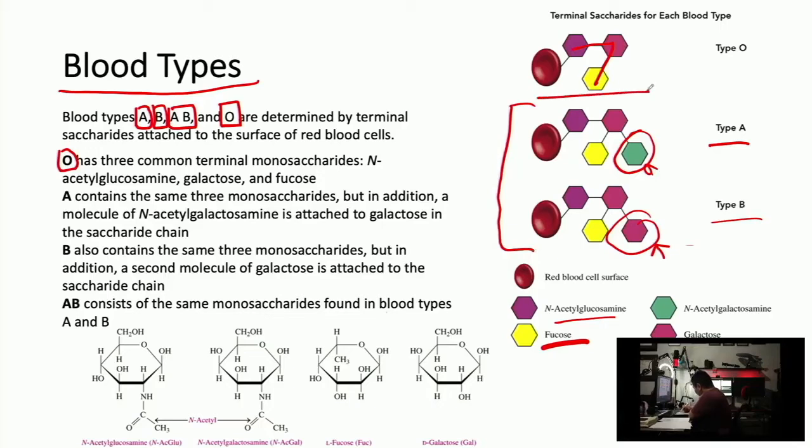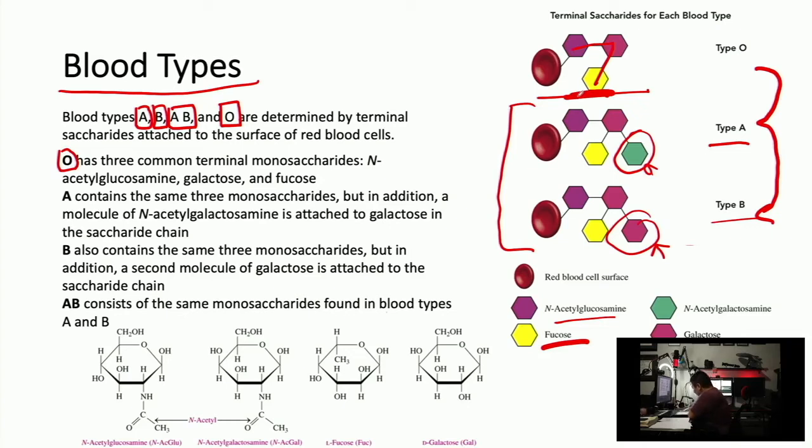Because when you introduce O blood to a type A, type B, or a type AB, their system is already familiar with having those three original N-acetylglucosamine, galactose, and fructose saccharides attached to the red blood cell's surface.